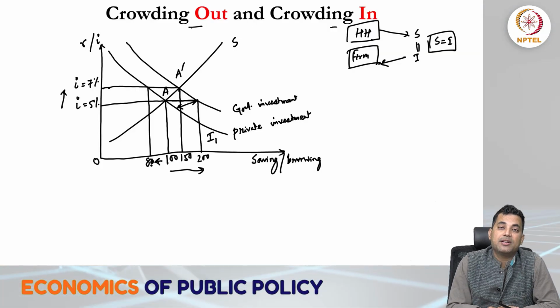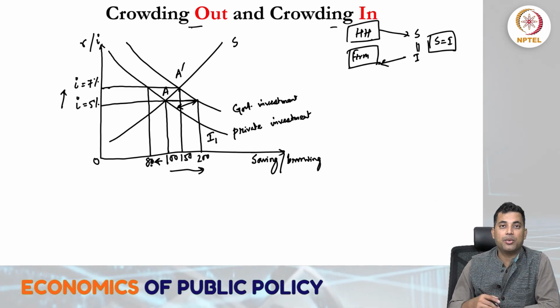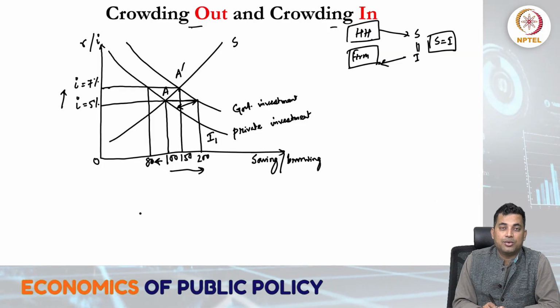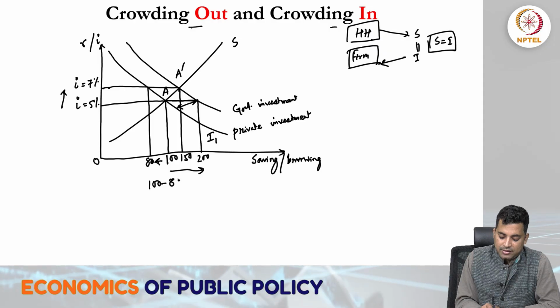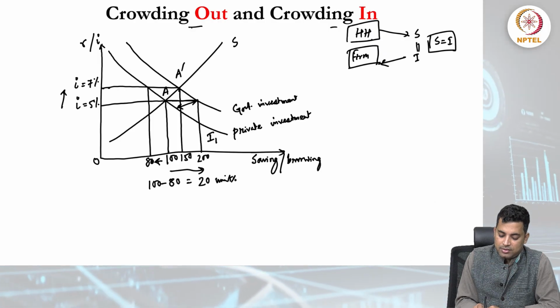Therefore private investors will be crowded out, and through their crowding out from the investment, this reduction in the total savings or borrowing takes place: 100 minus 80, which is 20 units.